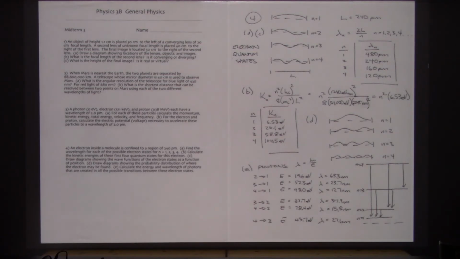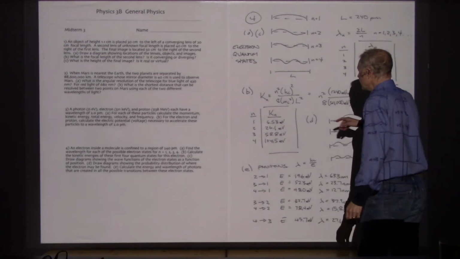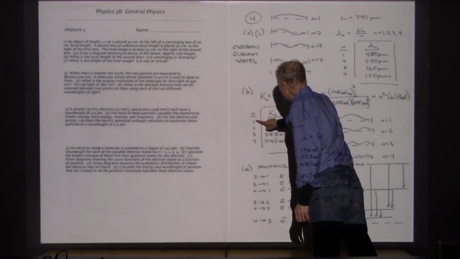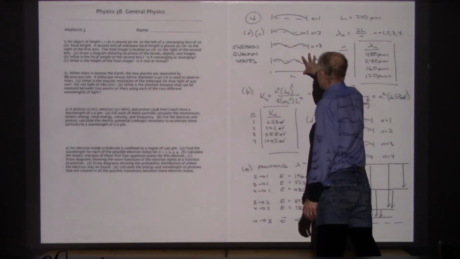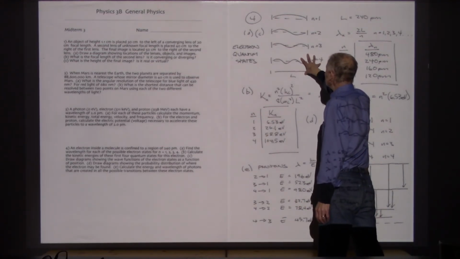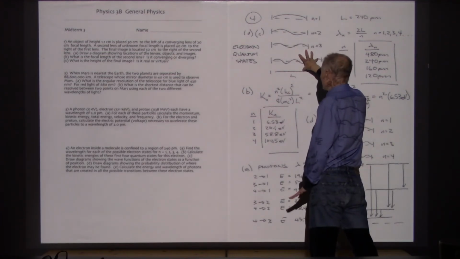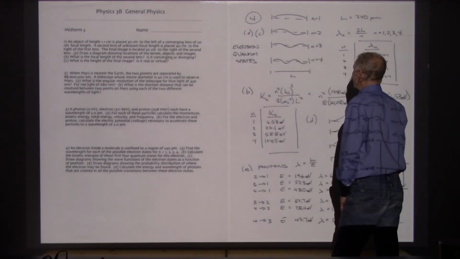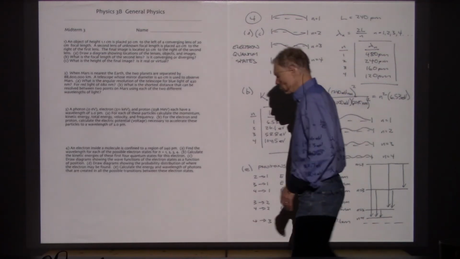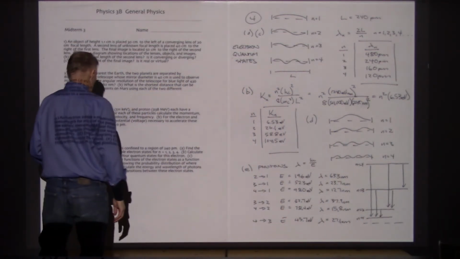So I can take multiples of that, 6.53, and what it says is for state numbers 1, 2, 3, and 4 that look like this. These are the wave functions. So these are the wave functions, what they look like, and it asked to draw those, right? So I did.